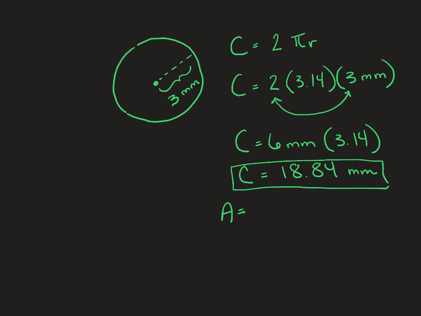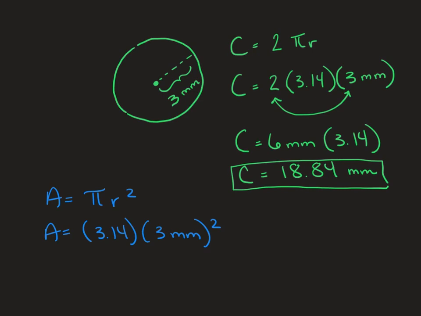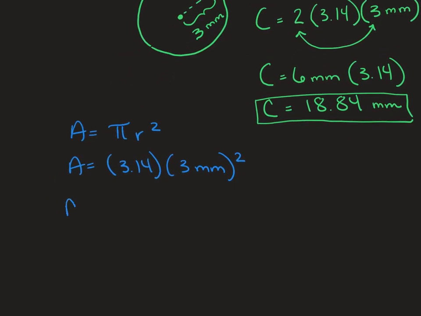Good job, Henry. For the area, I'm going to change the color. I'm just a little picky, you know me. It's going to be pi times r to the second power. Pi is 3.14 times r, which is 3 millimeters, to the second power. Have you noticed it becomes easier when you're doing it? It's actually pretty easy. 3 to the second power is 9, not 6, 9.